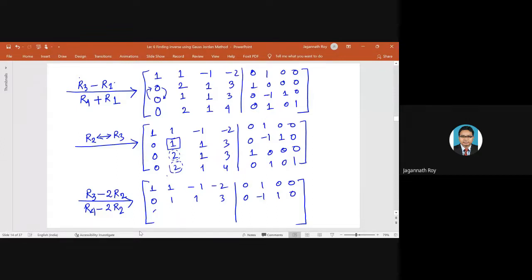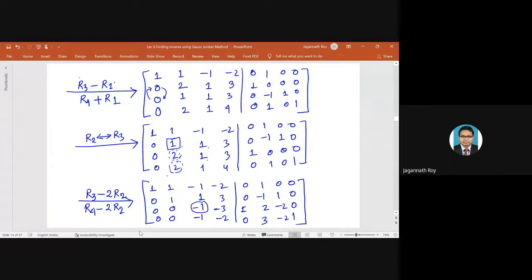And then we want to make 0 here, so it will be 0. So 2 minus 2 times 1 is 0, and 1 minus 2 times 1, so this becomes minus 1. And then this becomes minus 3. Here it is 1, 2, minus 2 and then 0. Similarly, it becomes 0, 0, this is minus 1, then this is minus 2, and this is 0, 3, minus 2, 1.